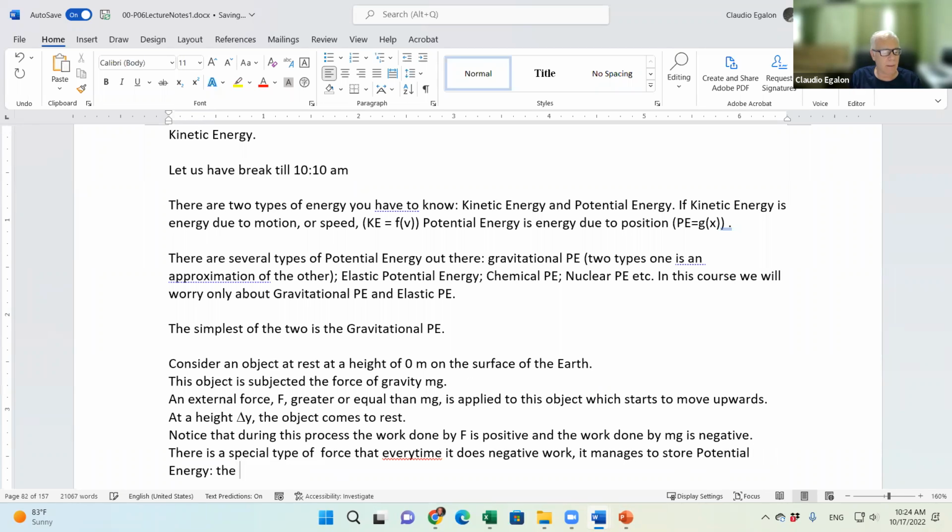The weight is one of this type of force, which by the way I call conservative force.